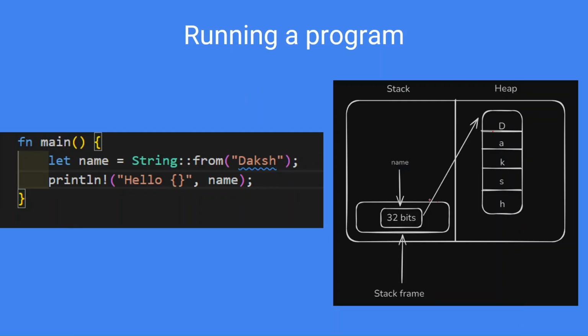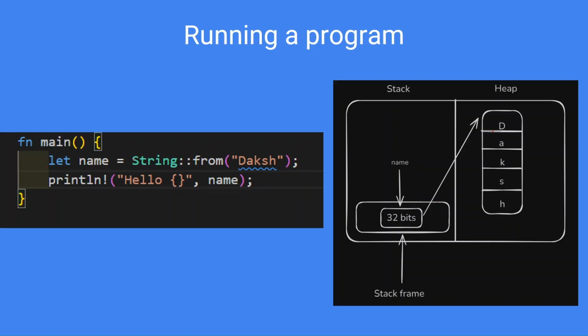Alright, so we'll be understanding how to run a program and how things are loaded into the memory of the code. So consider we have the main function. So everything which is inside the scope of main will be loaded onto the stack.